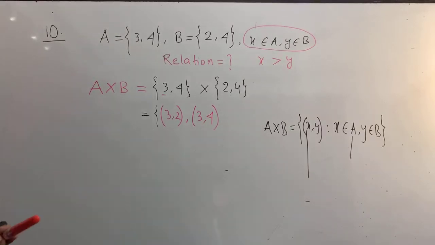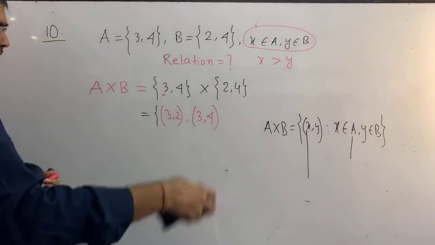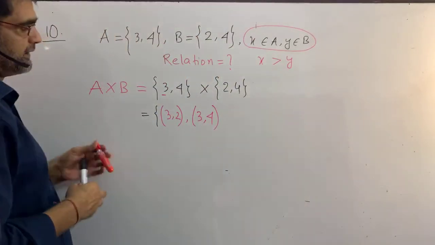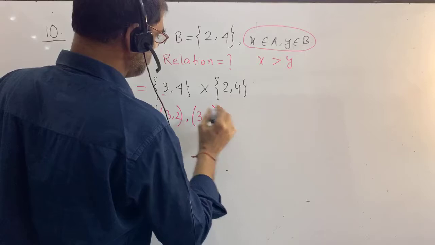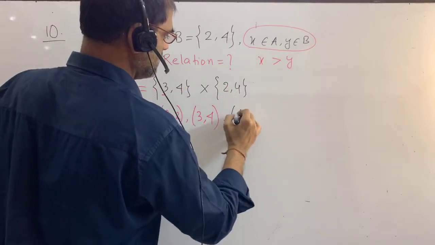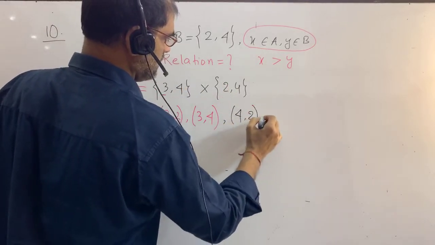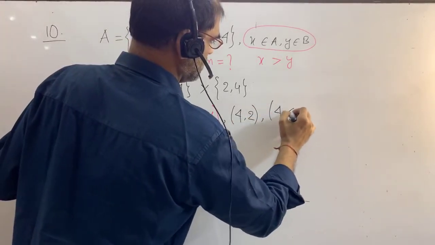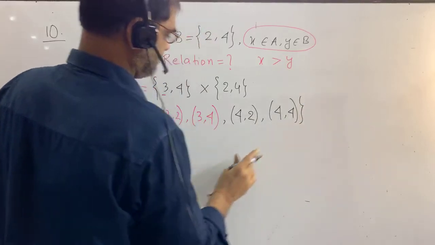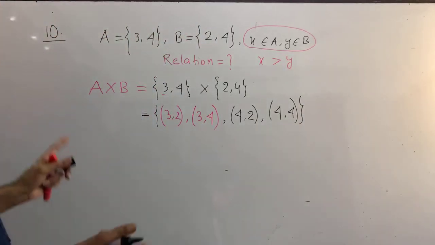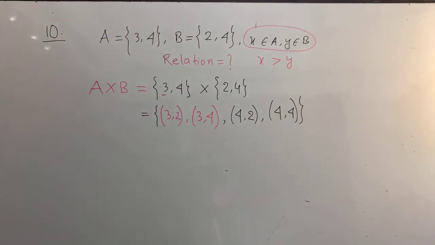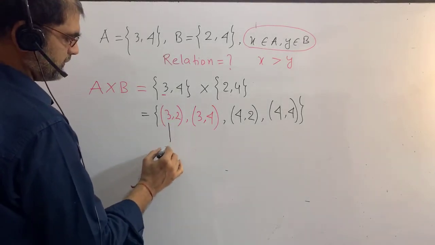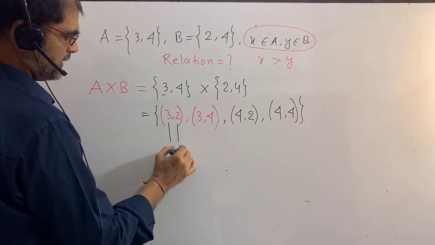So I have written. Then what comes next? We can write here 4 comma 2, 4 comma 4. Is it? Up to this is absolutely okay. Now this is the value of x, this is the value of y.